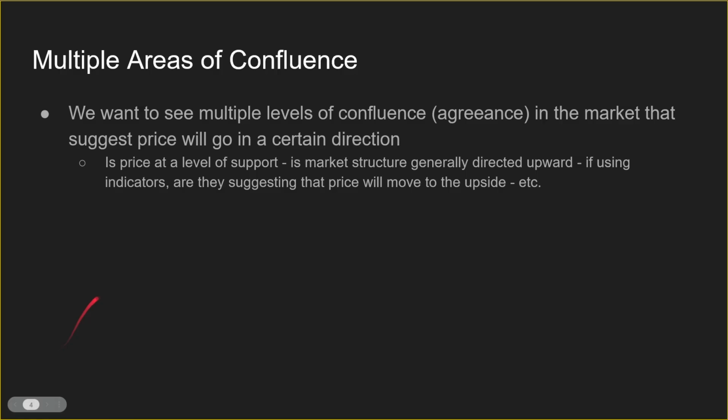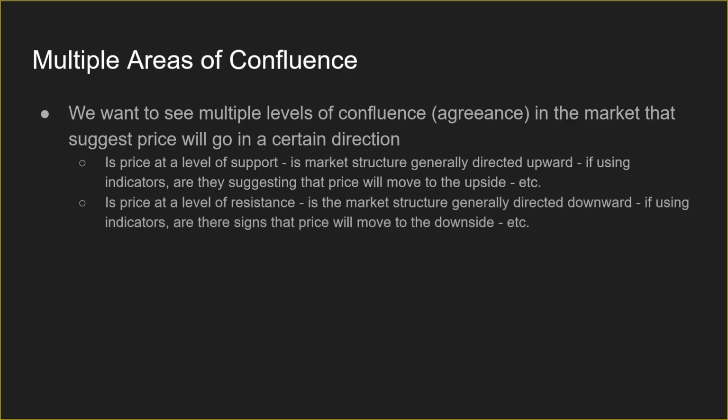Are we seeing these ascending highs and ascending lows? If we're using indicators, are they suggesting that price will move to the upside, right? We want to look at the asset on multiple angles and see if these different indications, whether it's price or volume, market structure, certain indicators, if they all agree that something will happen and that signs are pointing towards a certain direction. The more levels of confluence we can find, the better.